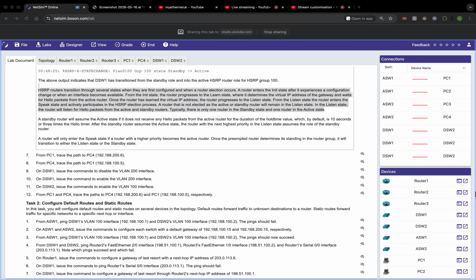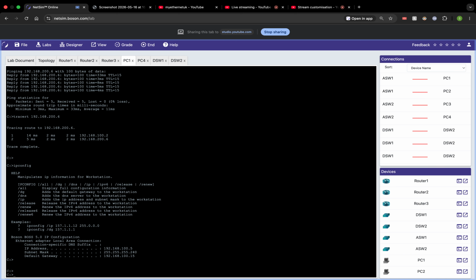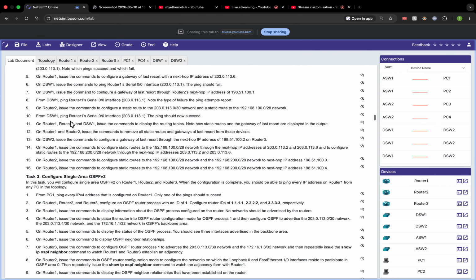Now, another important thing to know about is these states. So which states does HSRP transition through? We spoke about init. You've got the init state, the learn state, and then the listen state.